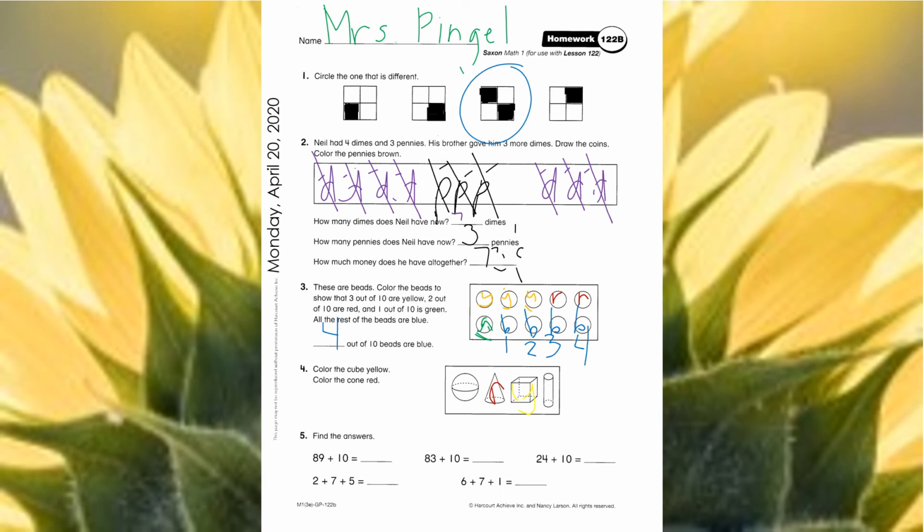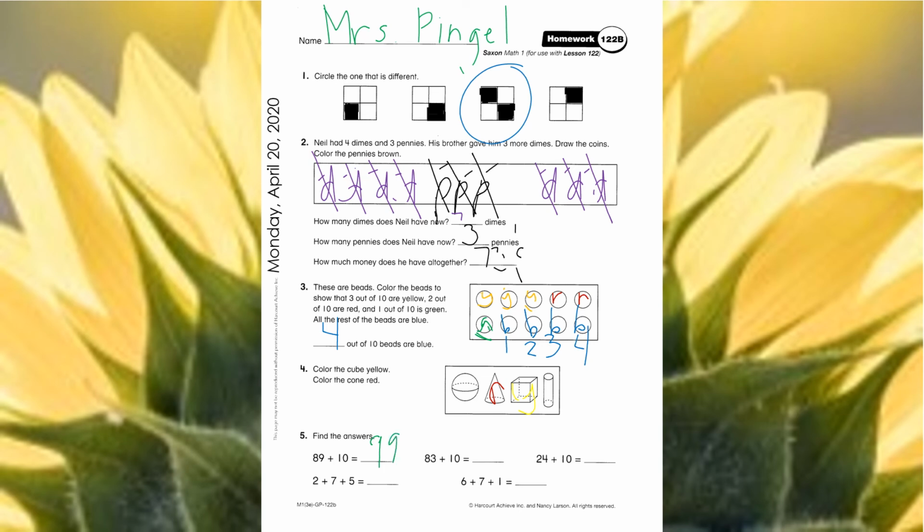And lastly, we're going to find the answers. Plus 10, and then the 3-digit addition. Let's get started. 89 plus 10 means that 89 needs to go up by a group of 10. So it would be 99.